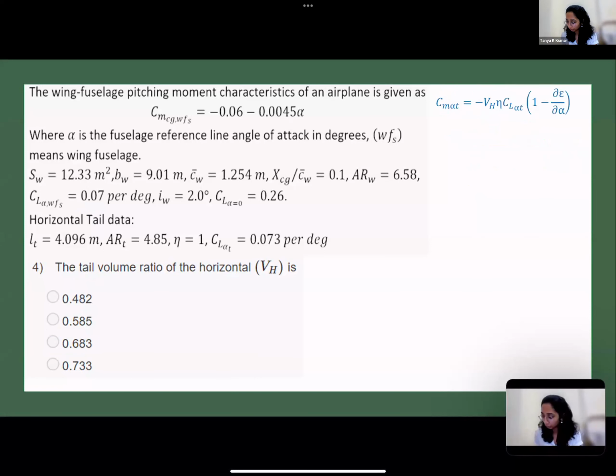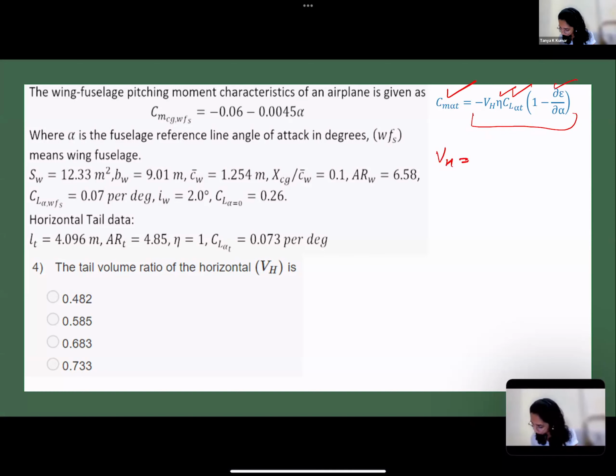Okay, so you have just found out CM alpha contribution of the tail. We remember from the main equation that in this equation you have d epsilon by d alpha, you have CL alpha tail, you have the tail efficiency factor, you have CM alpha tail. All that you don't have is the VH. So now you can find out VH from here.